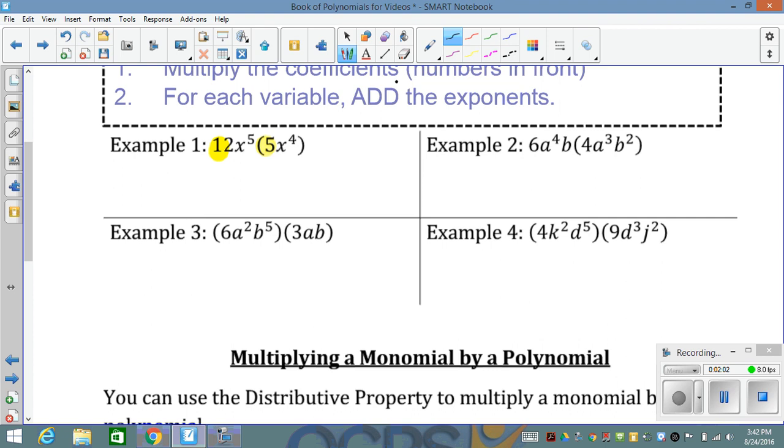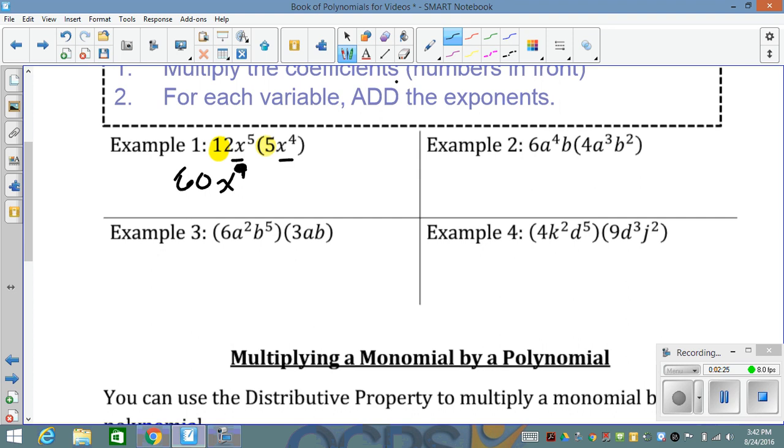No, that gives me 5 times 10 is 50. 5 times 2 is 10, so yes, 60. And then we take each variable. So in this case, it's only the x's. So we have an x to the 5th and x to the 4th. So that's going to be an x to the 5 plus 4, which is 9.